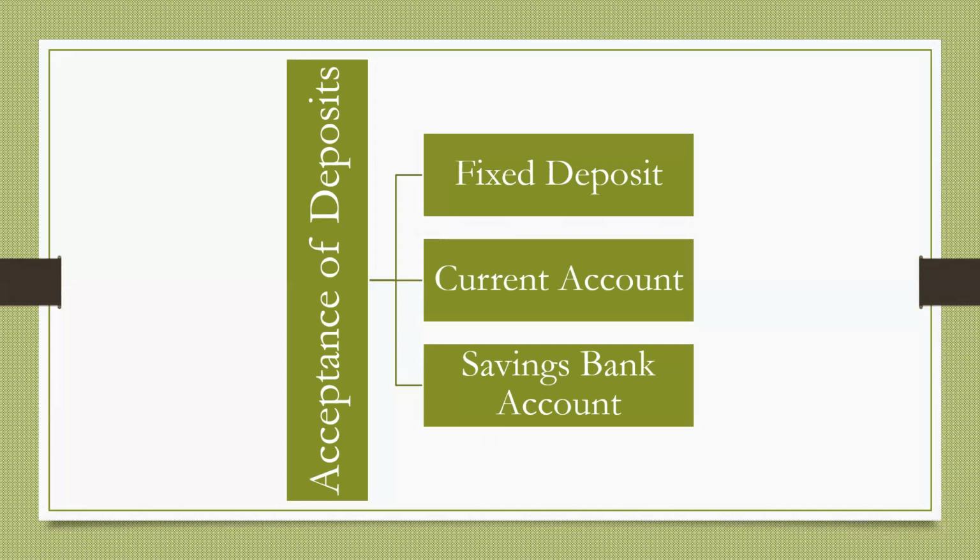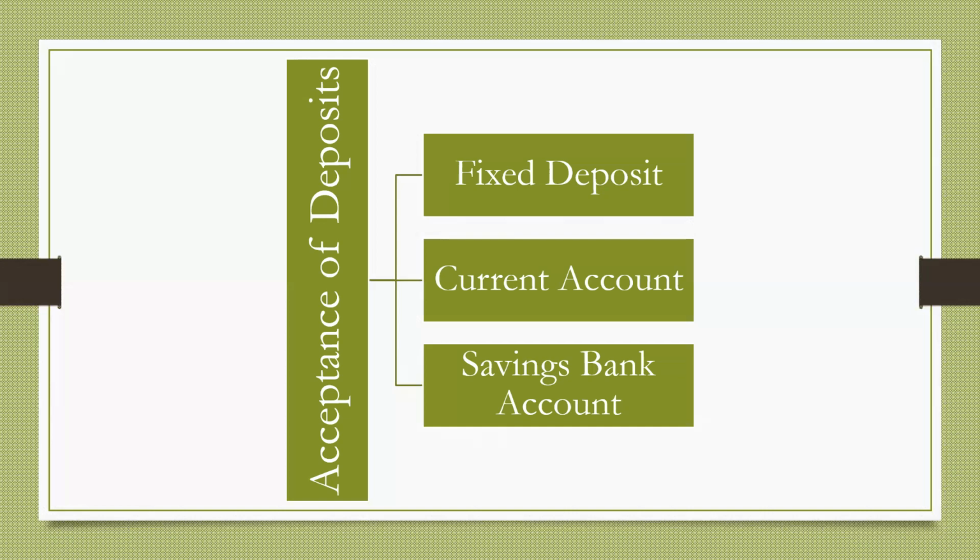The next one is savings bank account or savings deposits. This account is opened with a small initial sum of money by individuals. There are some conditions on the operation of this deposit account. Restrictions can be placed on the maximum amount that can be withdrawn at a time or the number of times the amount can be withdrawn.